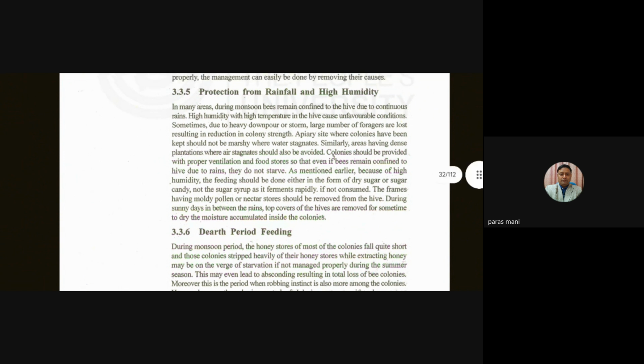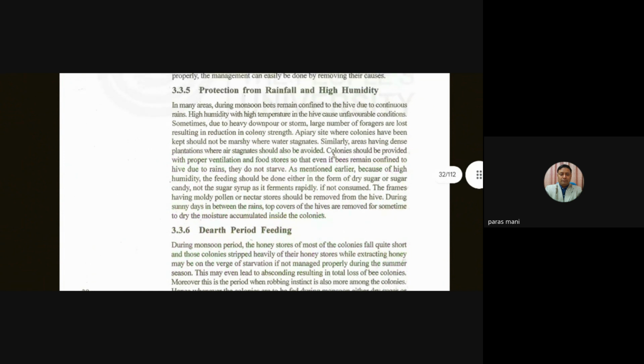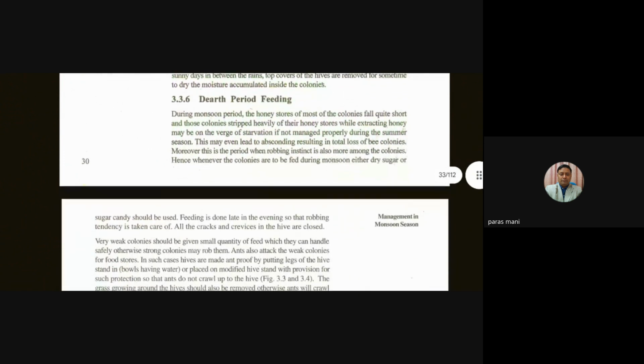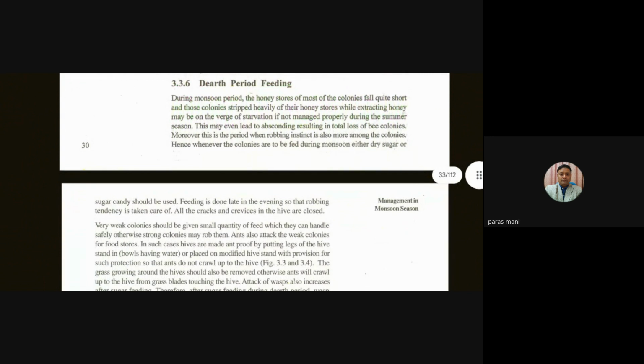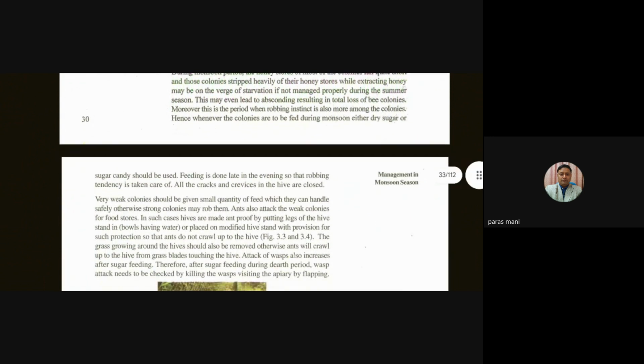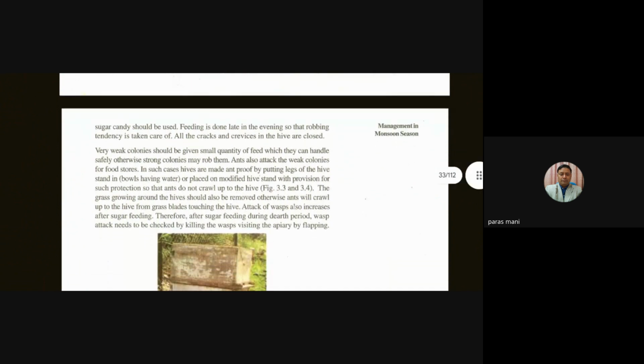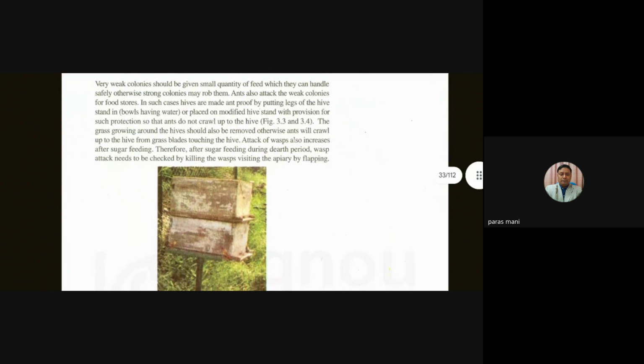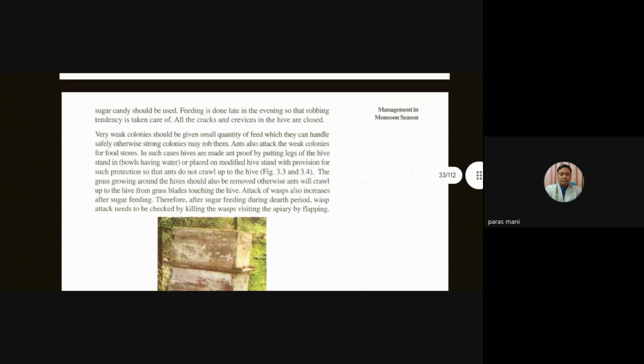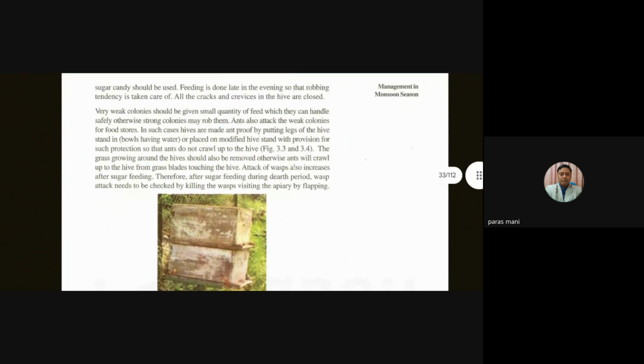The protection from rainfall and high humidity, we have discussed earlier. During the dearth period, in the off season while flowers are not available, we have to feed with pollen and nectar or sugar syrup.